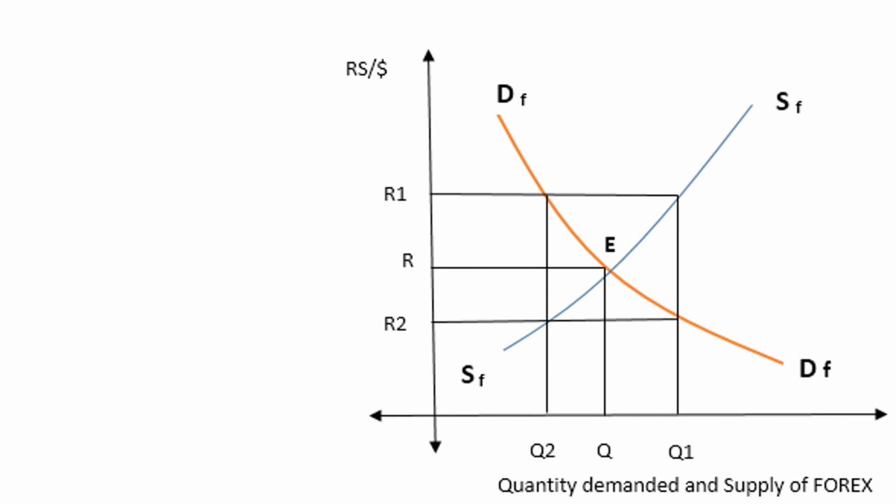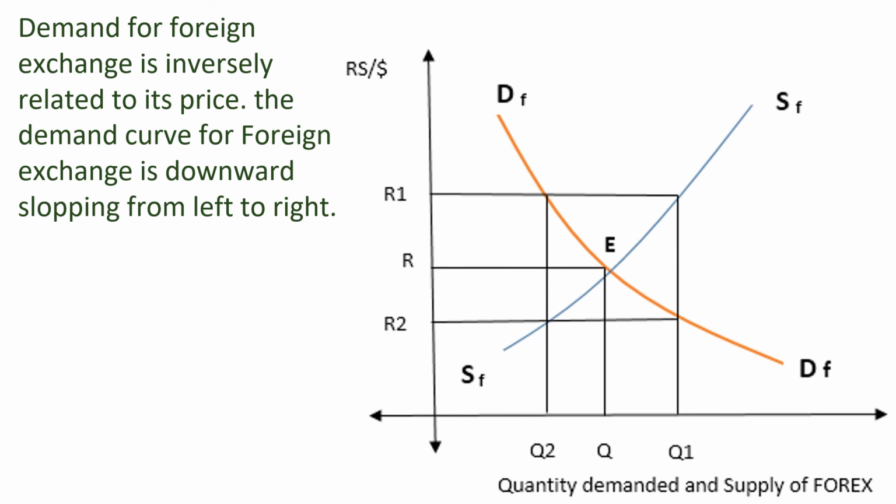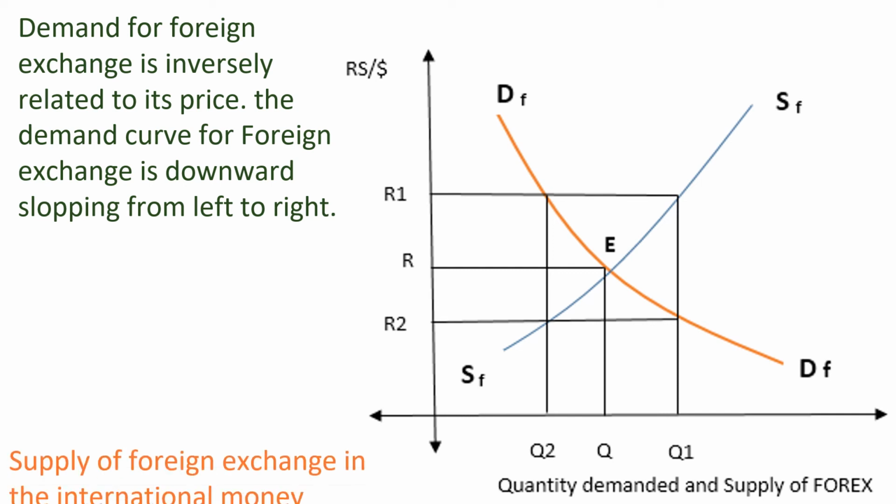In order to help us understand how we determine the equilibrium foreign exchange rate, we need to do it diagrammatically. So here we have the demand for foreign exchange, which is inversely related to its price. Therefore, the demand curve for foreign exchange is downward sloping from left to right, shown by the curve drawn in red.